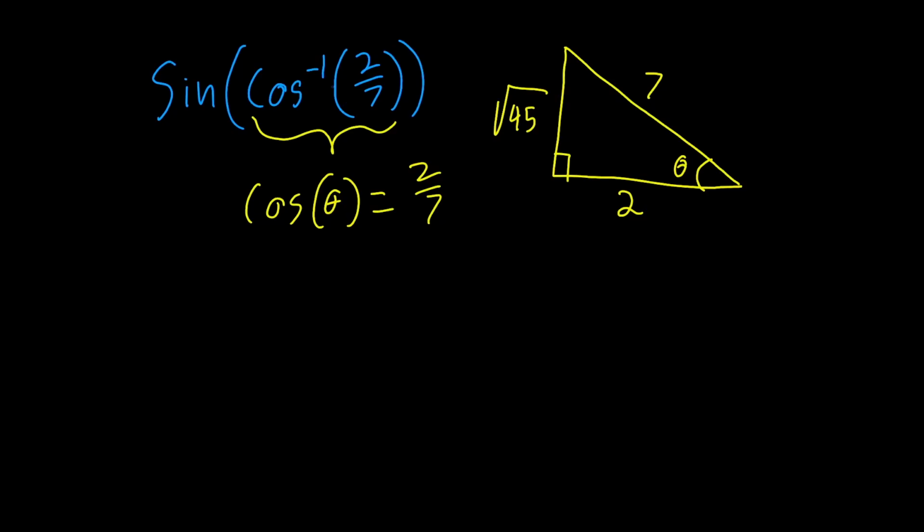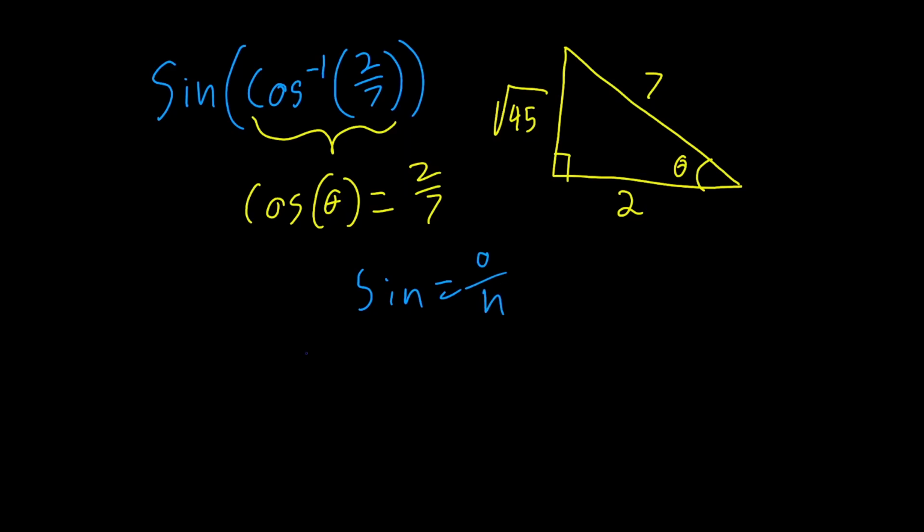We just need to know that arc cosine of 2 over 7 means that the cosine of theta, some unknown angle, is 2 over 7. Knowing that, we need the sine of this value here, and this value is theta. So we need the sine of theta. That means sine is equal to opposite over hypotenuse.